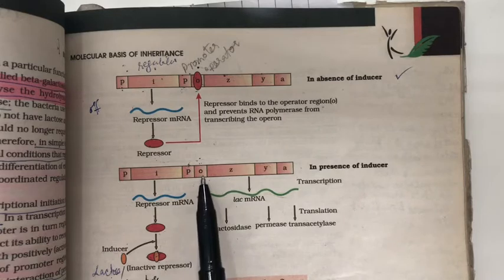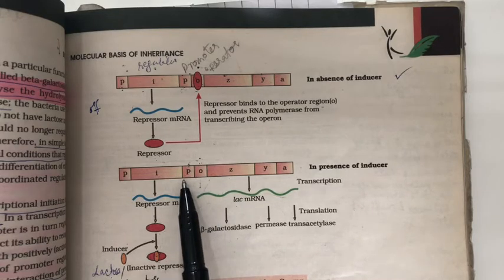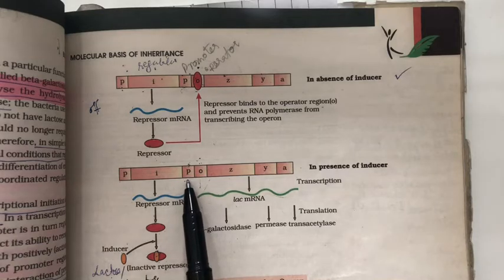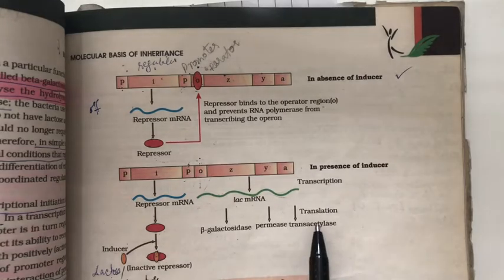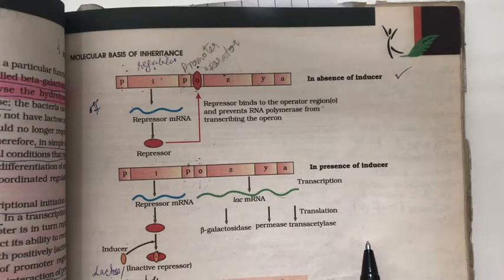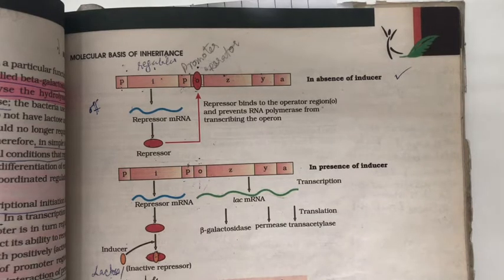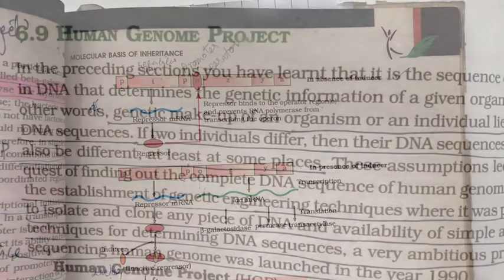So RNA polymerase, which attaches at the promoter region, can now move forward and lead to the formation of mRNA, and translation of the three enzymes will occur. These three enzymes will hydrolyze lactose, converting it into glucose and galactose. So the bacteria will be able to digest and consume lactose.